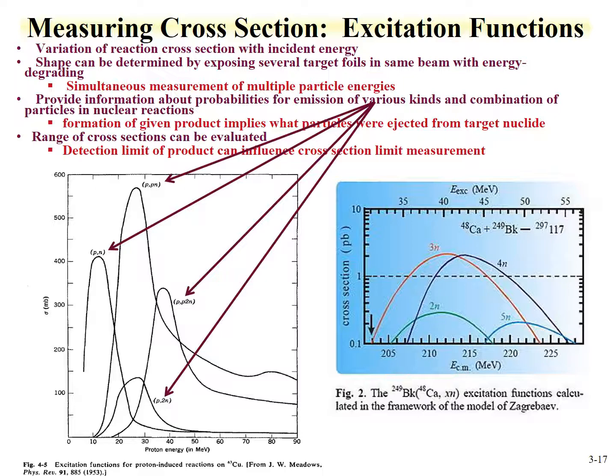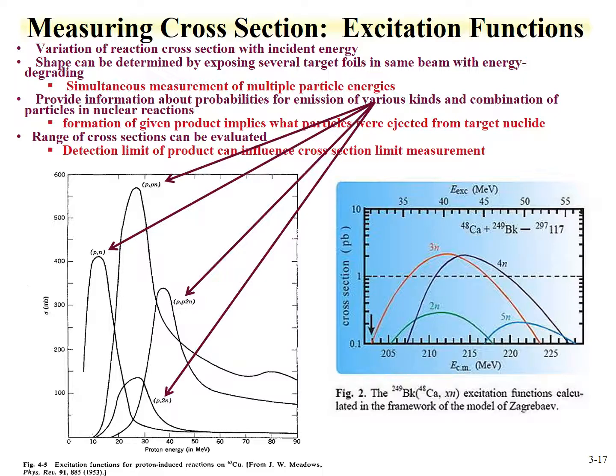If I put in a number of different copper foils and expose this to a single beam, each time that beam passes through one copper foil, it'll decrease in energy. So I can evaluate different energies and obtain data from multiple reactions at a given time.